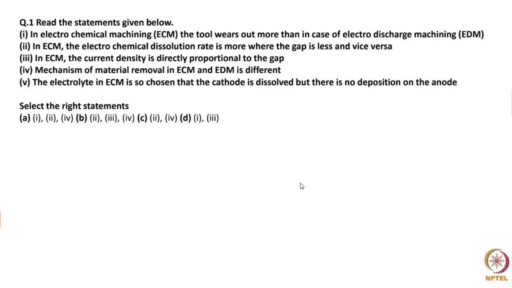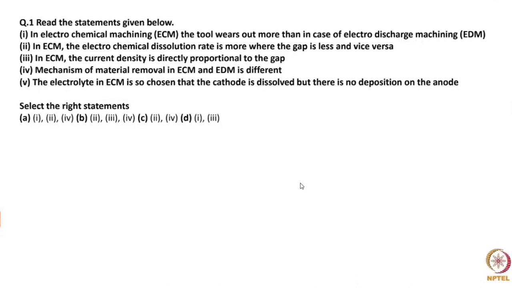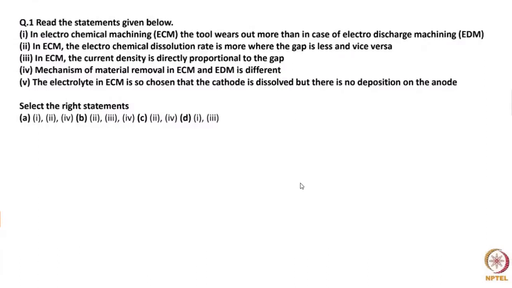In the last live session, we have solved a few questions and numericals based on mechanical energy imparted unconventional processes, wherein the mode of energy through which the material removal takes place in the workpiece material is basically mechanical energy.